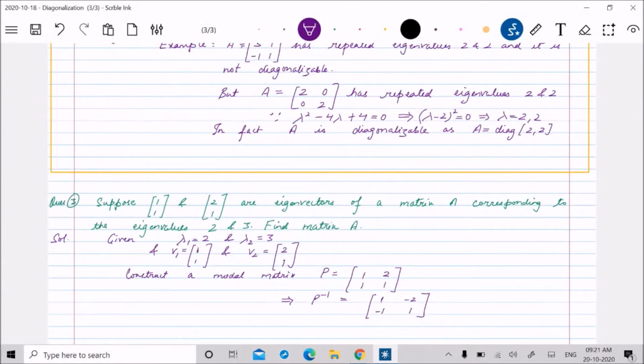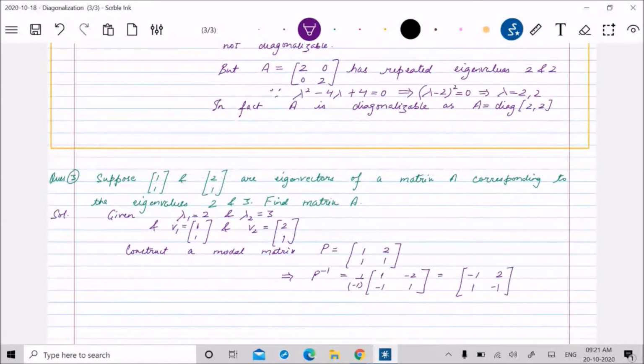The determinant of this matrix will be 1 minus 2, that will be minus 1. So 1 upon minus 1 ultimately gives you the matrix (-1, 2; 1, -1). This is the inverse.